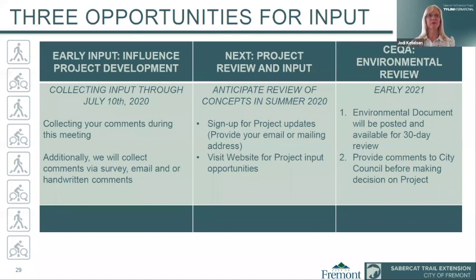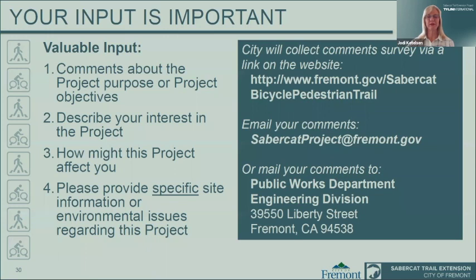So let's go to the next slide, please. It's very important to understand your opinions, but I also want to remind you that there are ways to actually influence the project. So I'm providing a list of four themes here that really do substantially help us. That is, if you were to comment on the project purpose and need, the objectives of the project, your interest or your lack of interest, and why, most importantly, why, so we can understand how much this project might affect you.